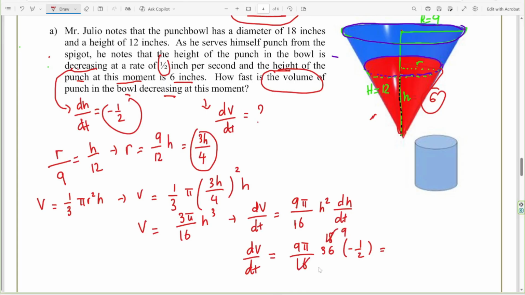And the 16 divided by 2 is 8. So we have 81 pi over 8. Don't forget the negative sign, and the unit should be cubic inches per second. So you conclude that the volume is decreasing at 81 pi over 8 cubic inches per second.